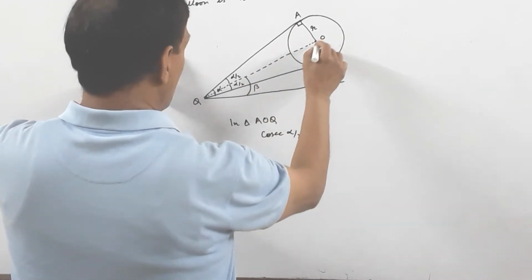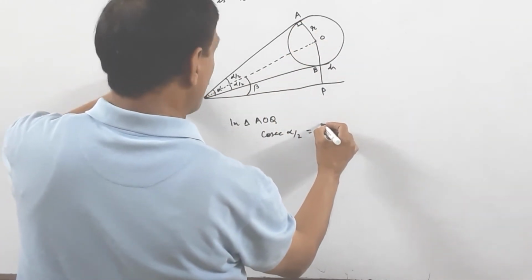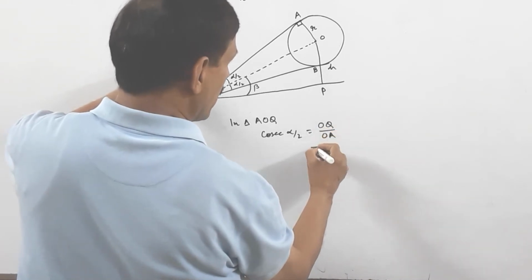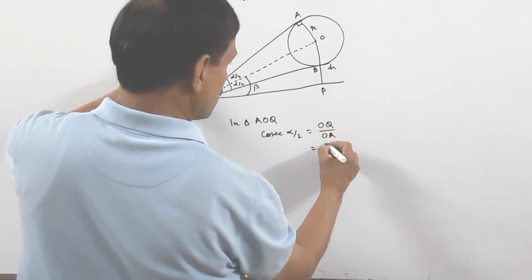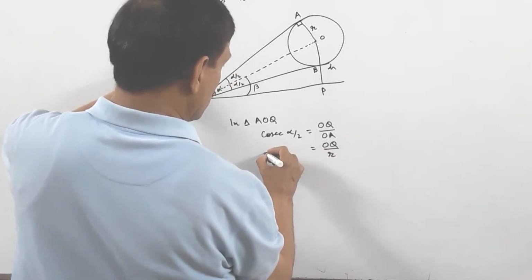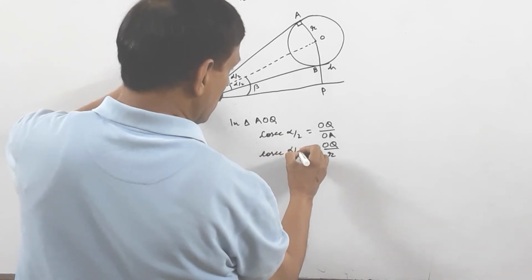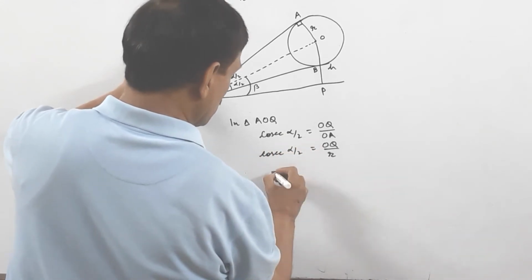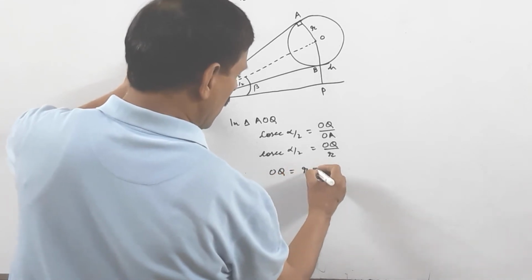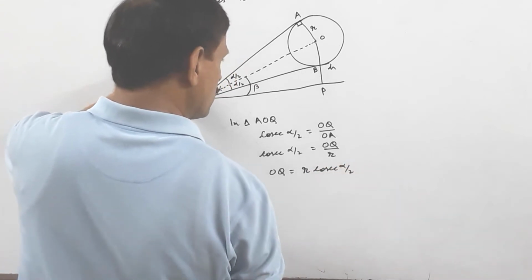So this is OQ upon OA, and that is OQ upon r. This implies OQ is equal to r cosec alpha by 2.